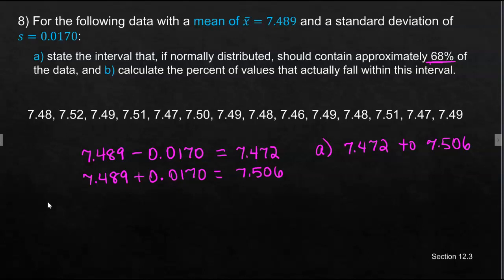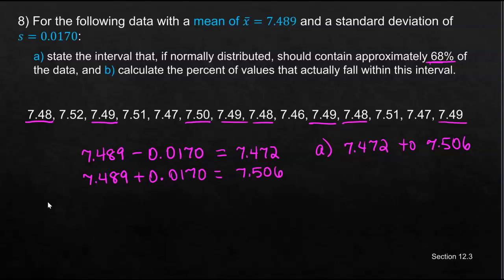And we're just going to underline all the ones that fall in this range. So I'm going to underline them as I go through the list. And you just have to kind of look and see, is this in this range or not? And then we're going to count how many numbers we underlined, double check.